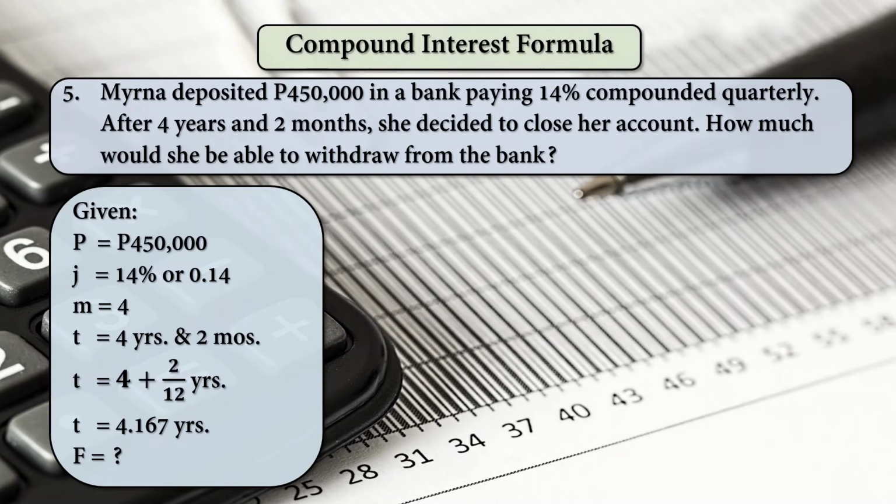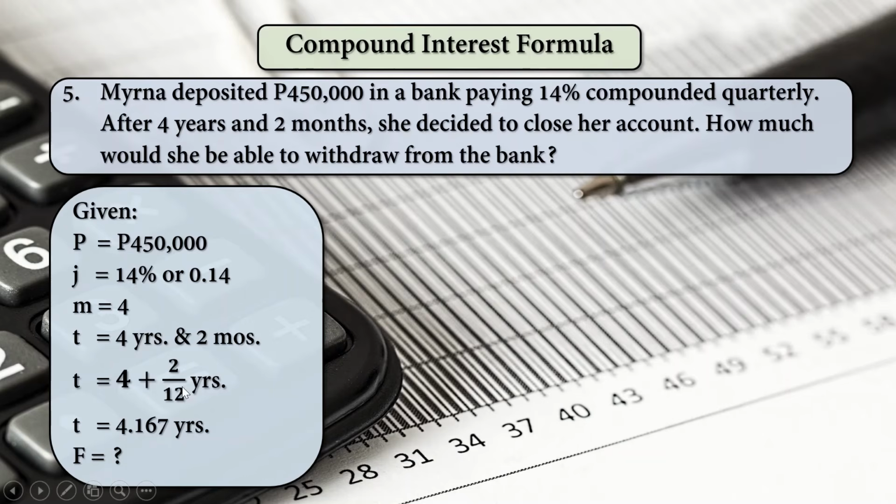J is 14%, M is 4 since quarterly yung sinabi sa problem. T is equal to 4 years and 2 months. So meaning yung months natin dito, which is 2, will be converted into years. So dapat naka-decimal value ito. Okay, so 4 plus 2 over 12, that unit is in years already.